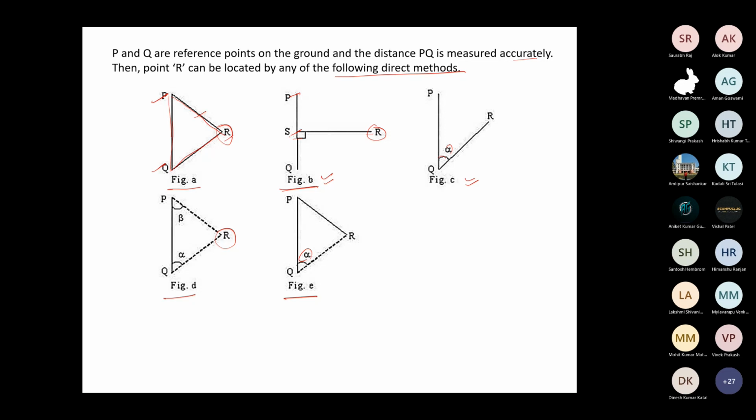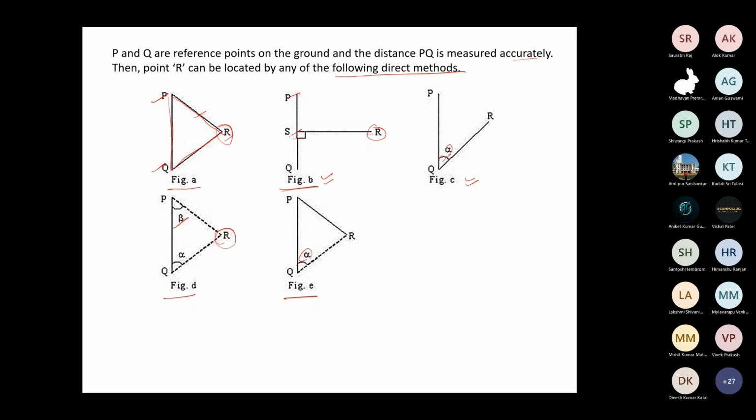If someone has an angle measuring instrument and length, still he can do it. If I have only length and angle, still I can locate this new station. And if somebody doesn't have any length measuring instrument, still if he measures the angle, I can locate R.